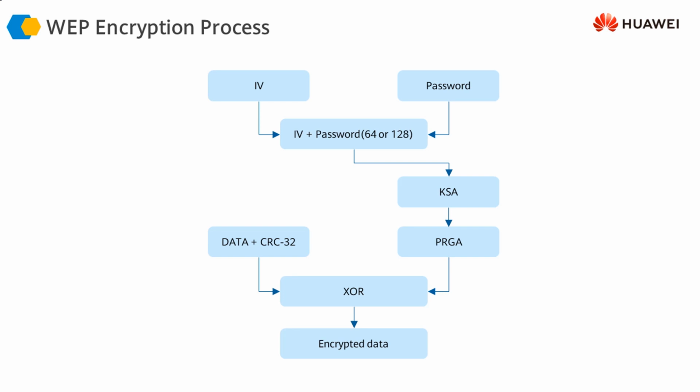But the trick or the weakness of WEP is that because IV is only a 24-bit number, for frequent communication, IVs might be repeated. The station or the access point might have to use the same IV again and again.